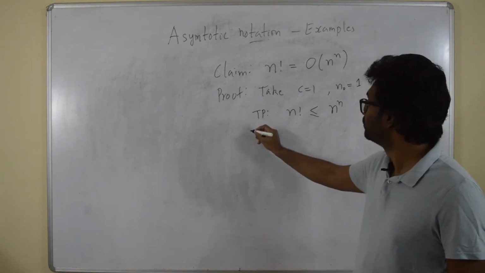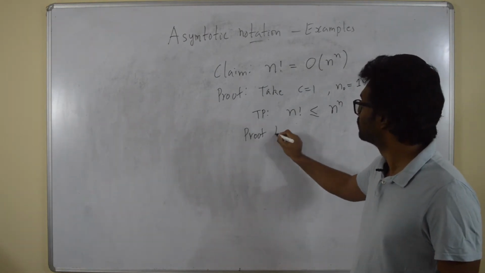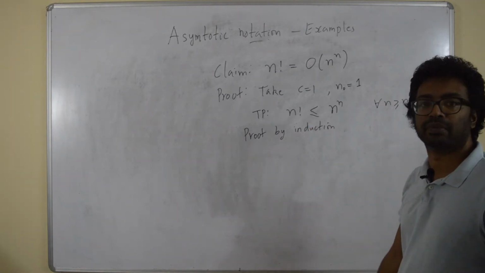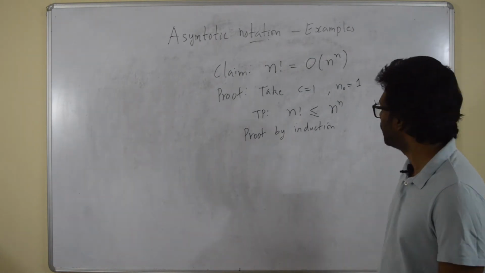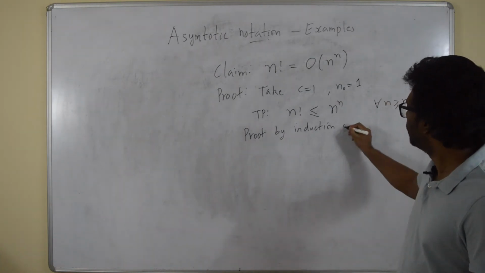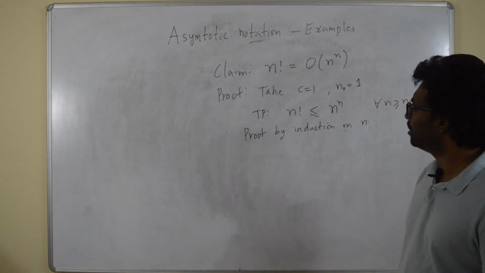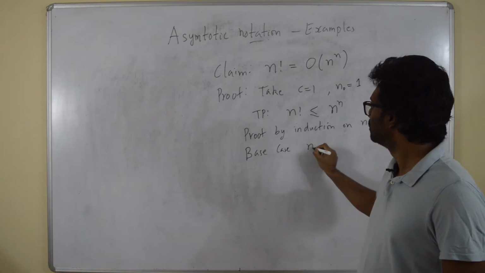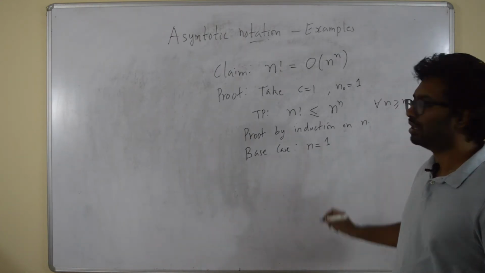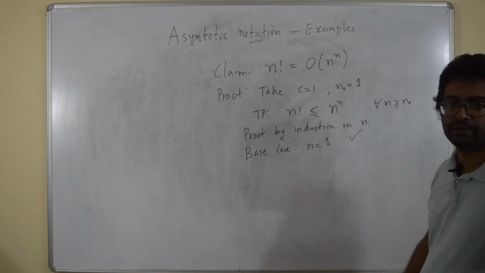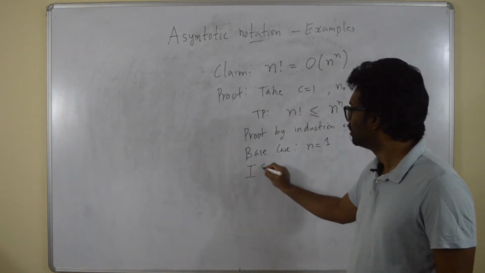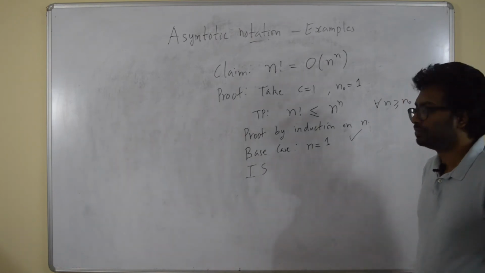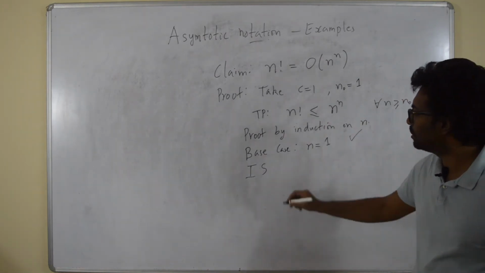Proof by induction. So the proof is by induction on n, and the base case is n is equal to 1, and we know this is correct, right? Okay. Now the inductive step is the following. I'm going to assume this to be true.